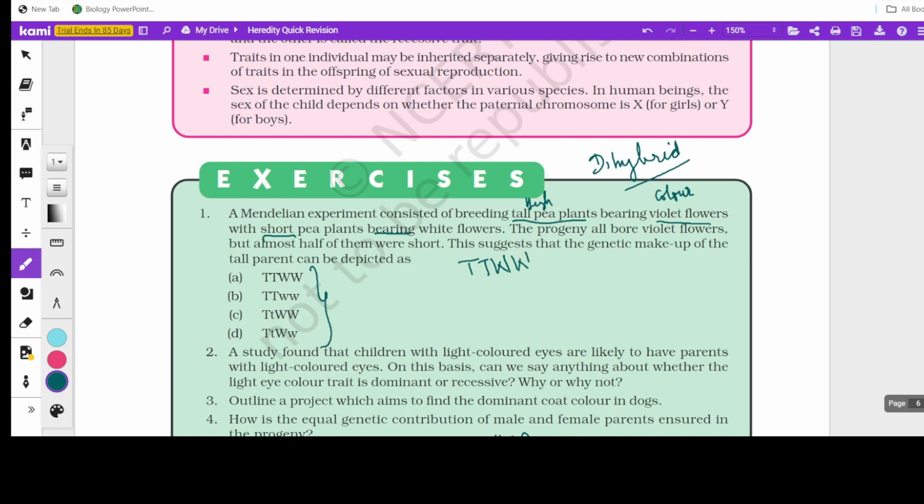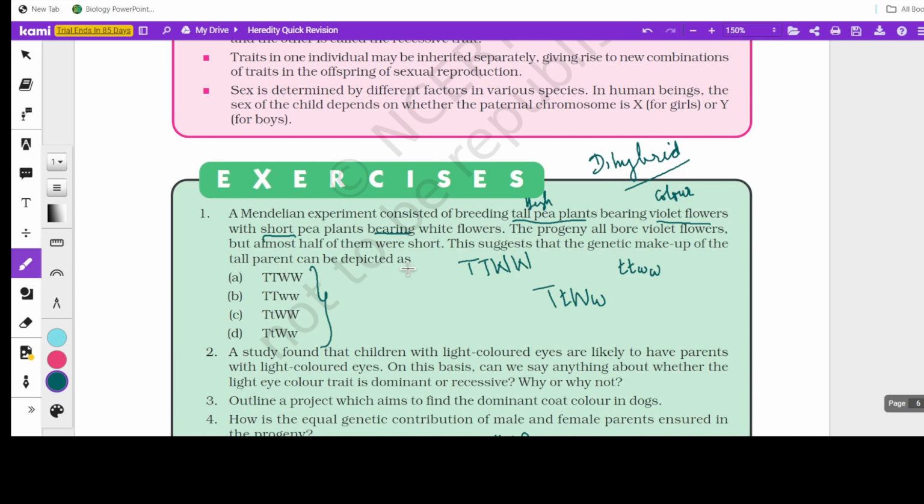And short pea plant bearing white flowers, conventionally we do this: small t, small t, small w, small w. The progeny all bore violet flowers. Yes: capital T, small t, capital W, small w. That's how our mind works.